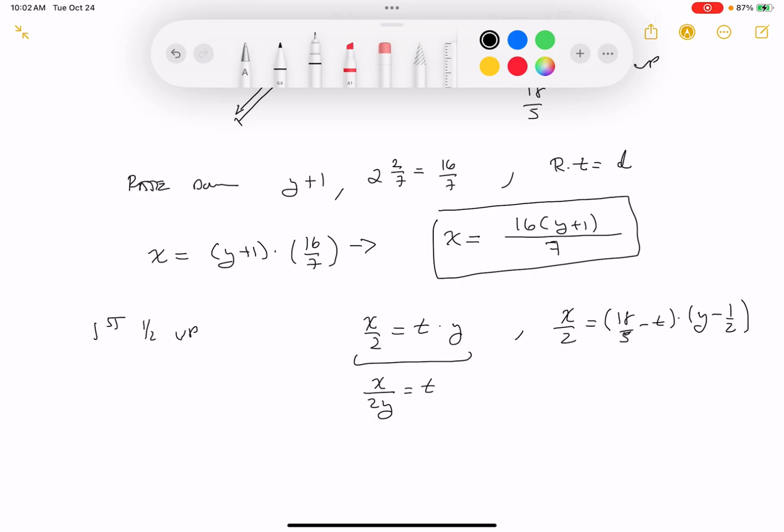And this second guy over here, I'm going to maybe write this as x over 2 equals, I'm going to be careful here, right? So I'm going to write this as 18 over 5 minus the t, which is x over 2y, right? And then I get y minus 1/2.